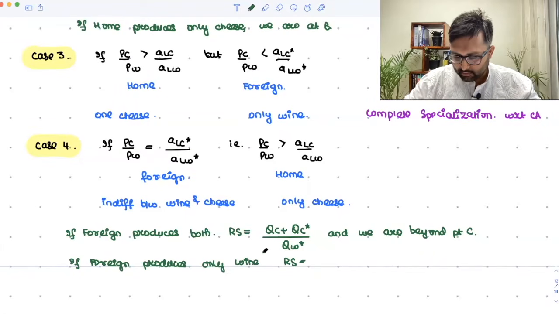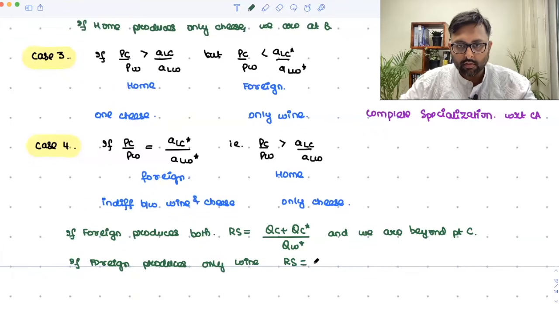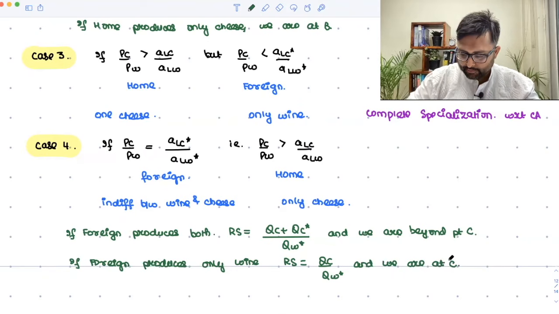You are at C. Because the home country is going to produce just QC, and the foreign country is going to produce QW star. And we are at C, right?